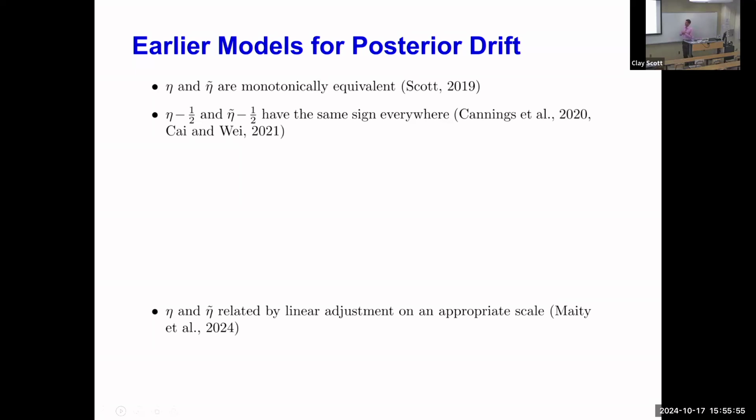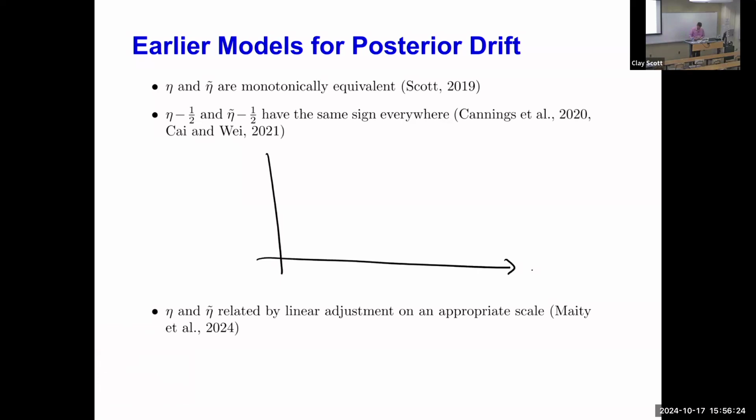More recently, some people have looked at the case where the clean and noisy Bayes classifiers are the same. So in other words, eta minus a half and eta tilde minus a half have the same sign everywhere. This is a very restrictive assumption.